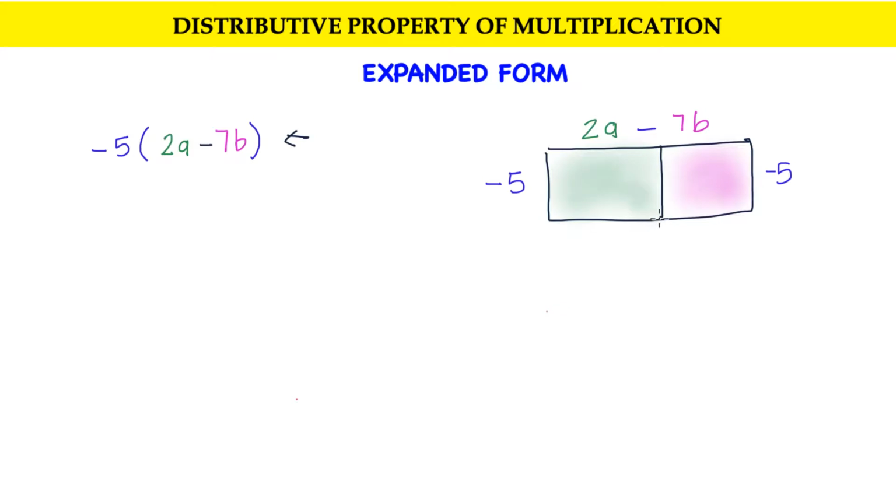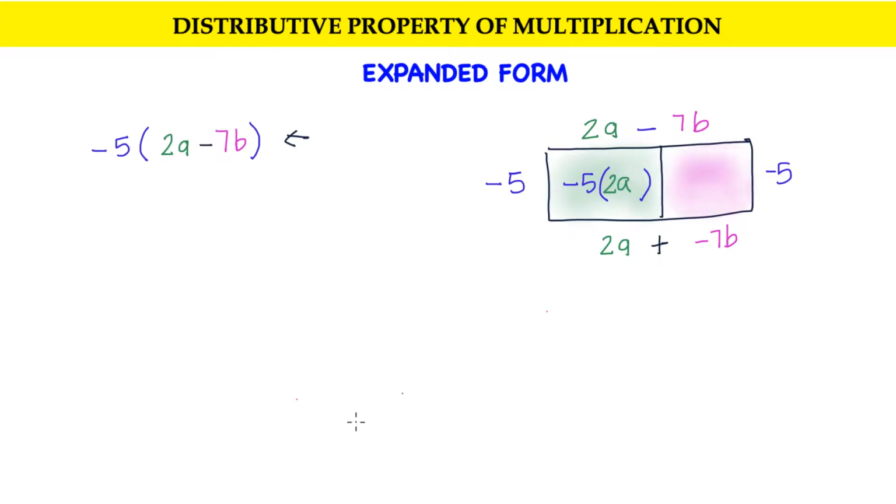This side here is 2a. And then we are going to rewrite this as -7b. So essentially we wrote 2a minus 7b as adding the opposite. We wrote this as 2a plus -7b. So the area of this green rectangle is -5 times 2a.